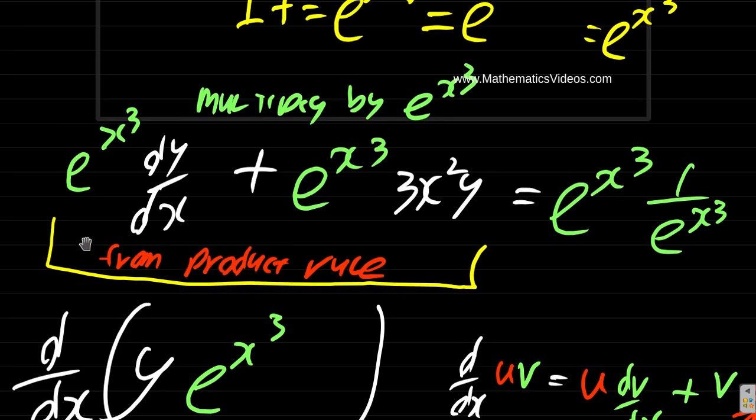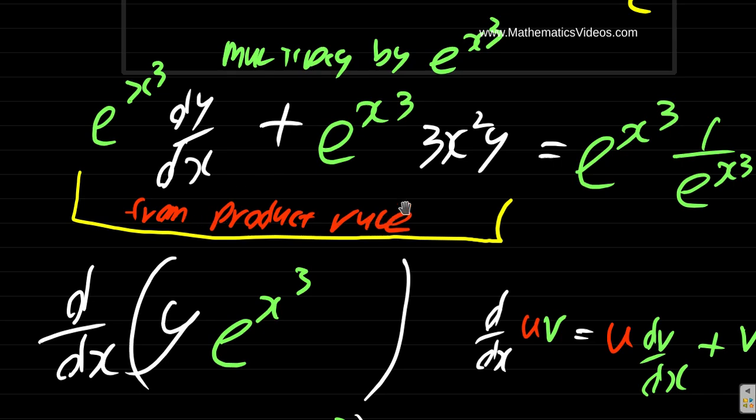You carefully look here to see what the product was, because this would happen any time you are using the integrating factor. You get something that resulted from the product rule, and it's for you to figure out what that product would have been. We saw that it is y e to the x cube.